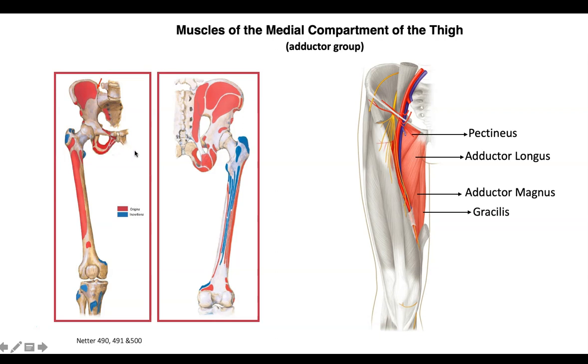And distally, these adductor muscles have their distal attachment mainly into the linea aspera, which is a longitudinal ridge on the posterior aspect of the shaft of the femur. Only a small part of the adductor magnus has its distal attachment into the adductor tubercle, but most of the other adductor muscles are attached into the linea aspera of the shaft of the femur.